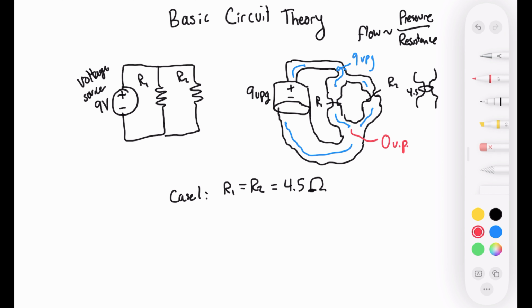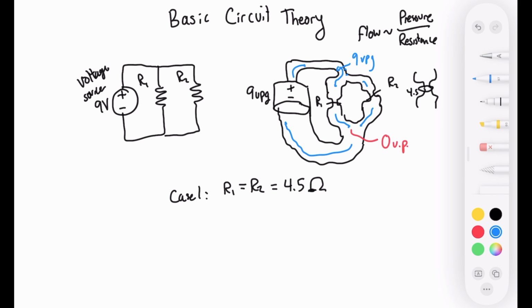As a result, both R1 and R2 are going to see 9 units of pressure. It's not the case that there's less pressure. What changes is the flow, rather than the pressure itself.